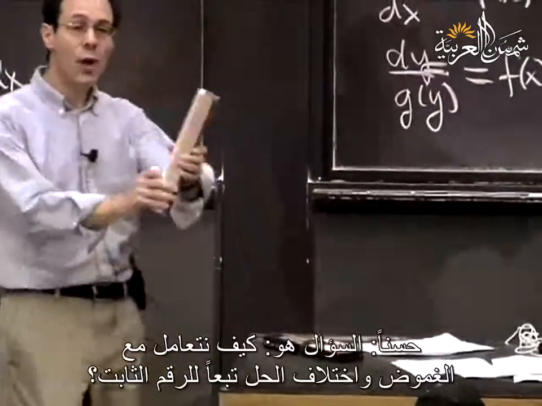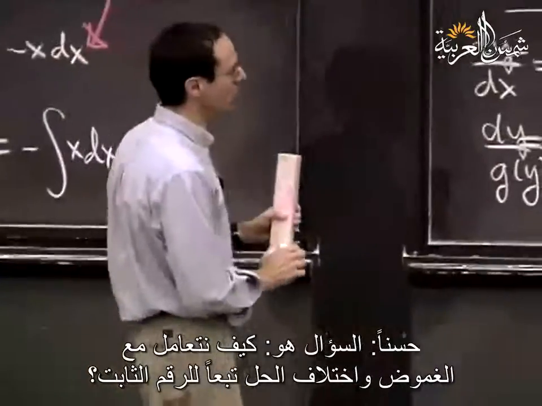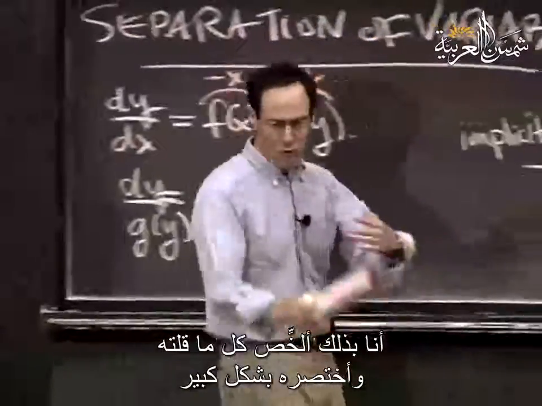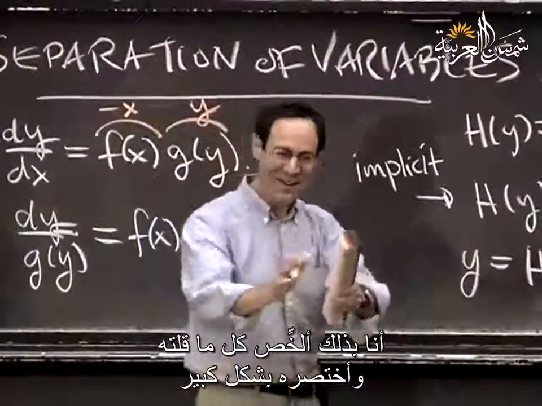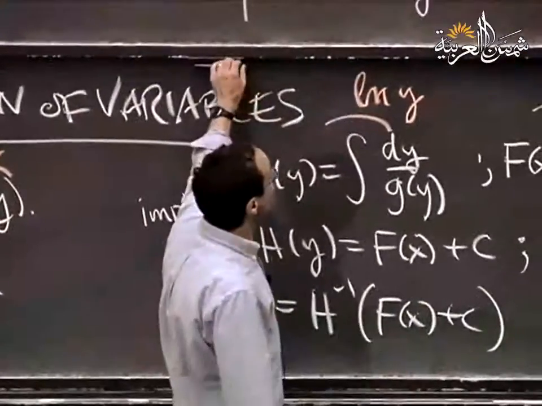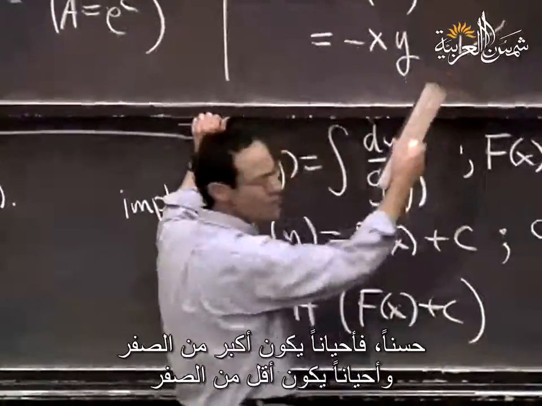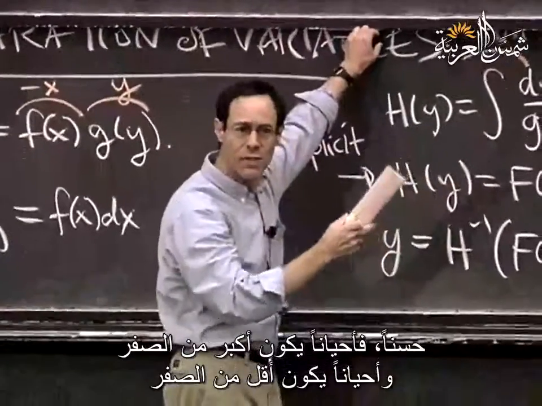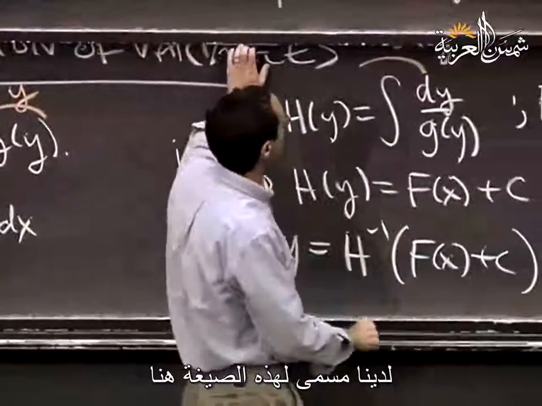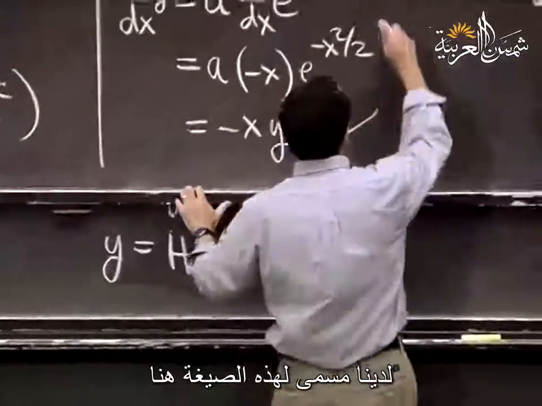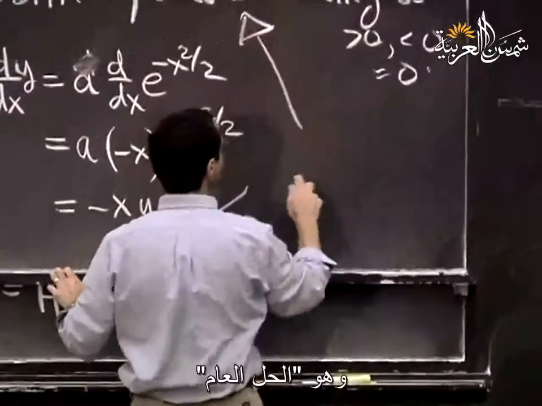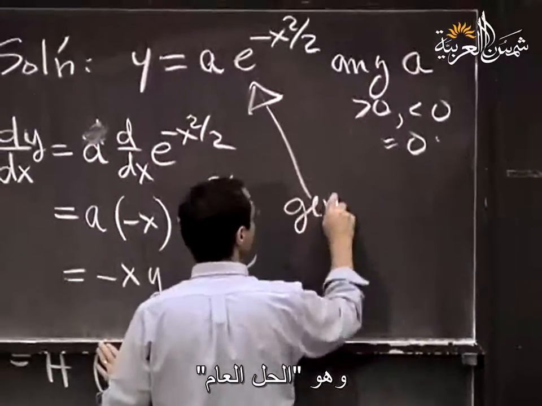Yeah. So the question is, how do we deal with this ambiguity? I'm summarizing very, very briefly what I heard. Well, you know, sometimes A is bigger than 0, sometimes A is less than 0, sometimes it's not. So there's a name for this, which is what's called the general solution.